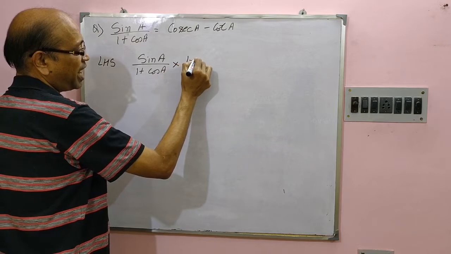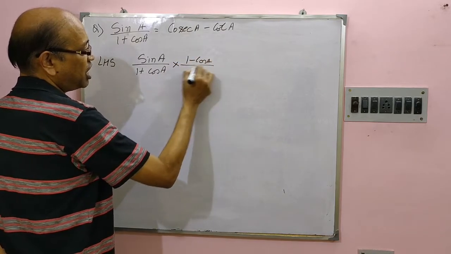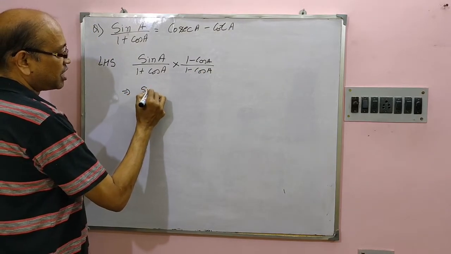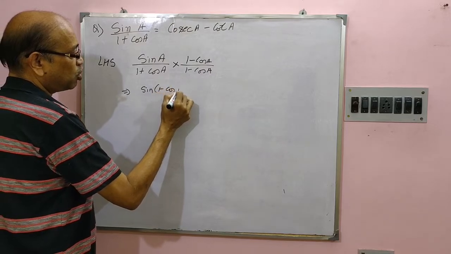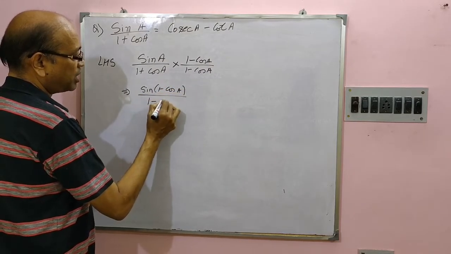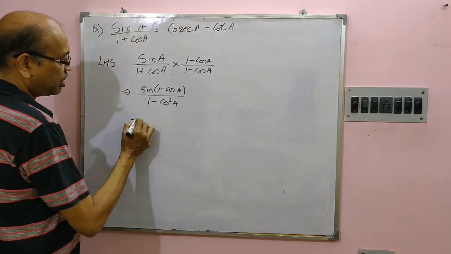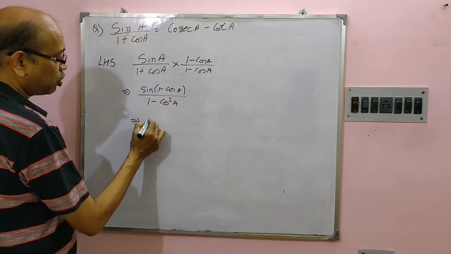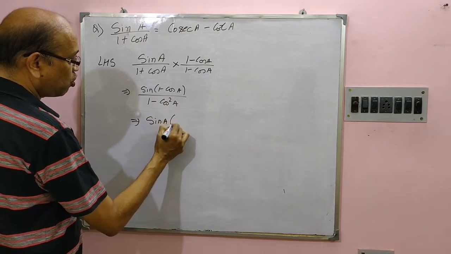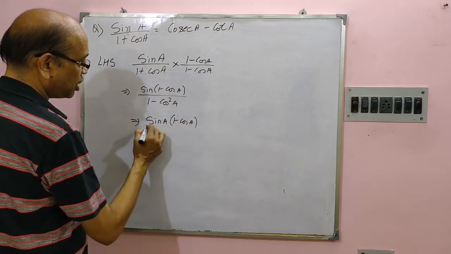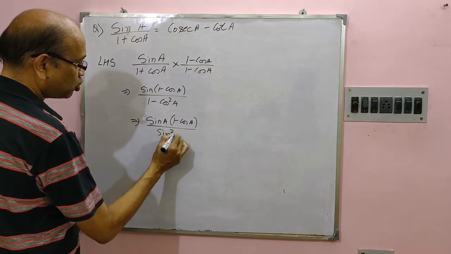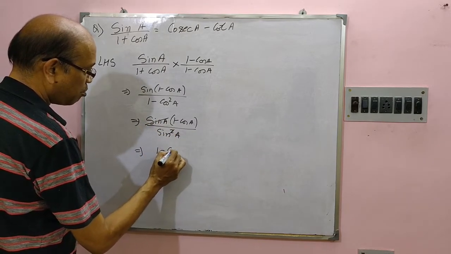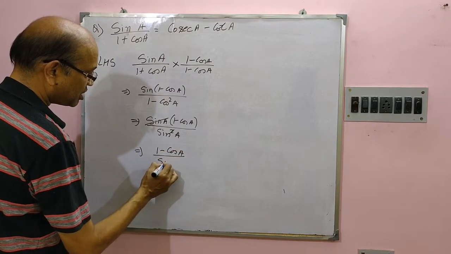So I multiplied and divide by 1 minus cos A by 1 minus cos A. So this becomes sin A into 1 minus cos A by 1 minus cos square A. A plus B into A minus B is A square minus B square. So this is sin A 1 minus cos A by sin square A. This 1 sin gets cancelled. Now what we have is 1 minus cos A by sin A.